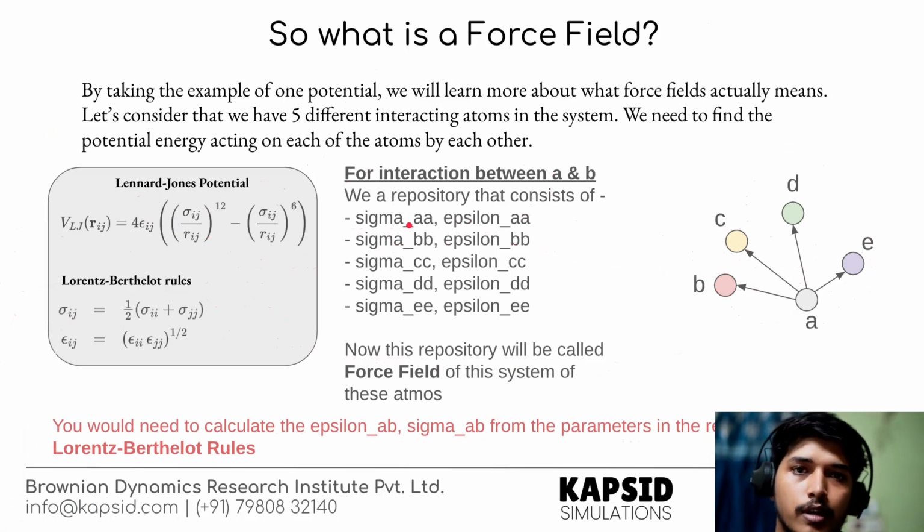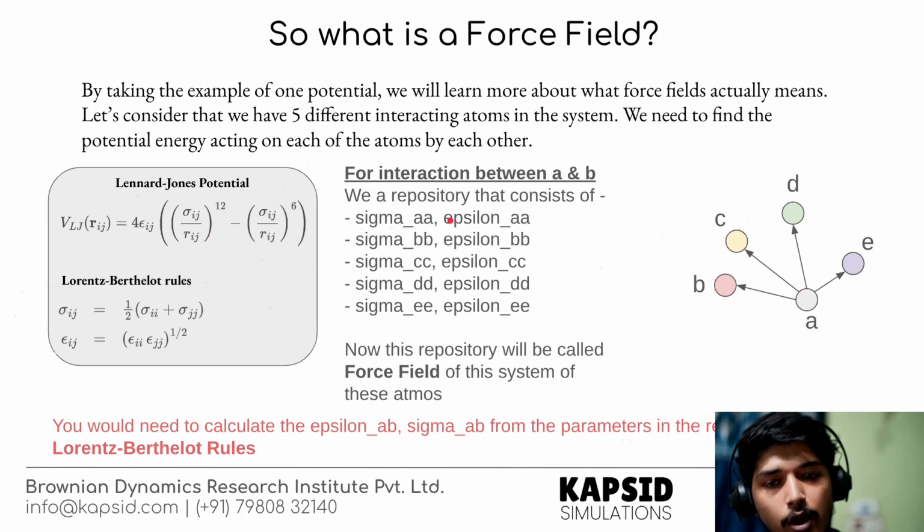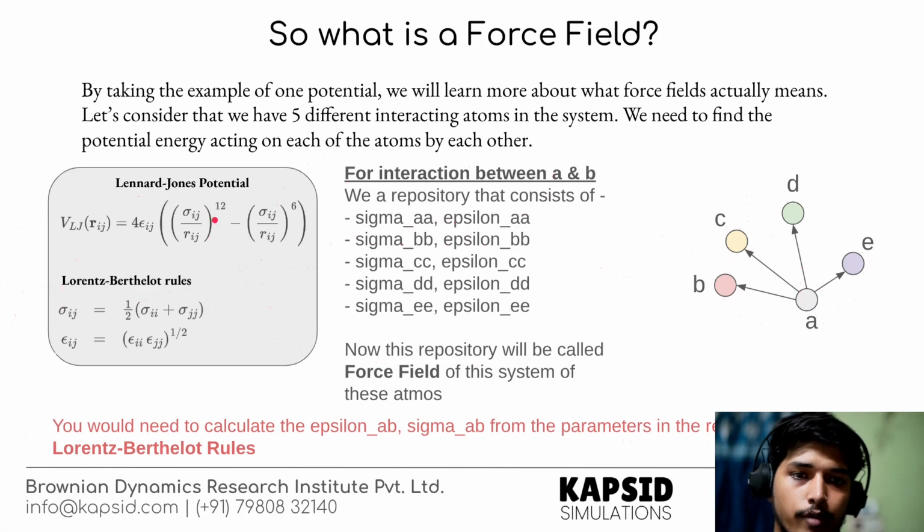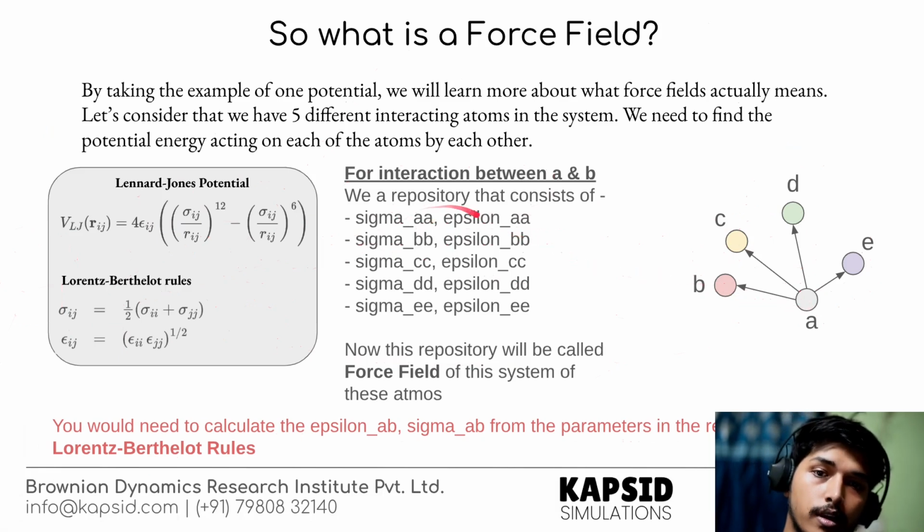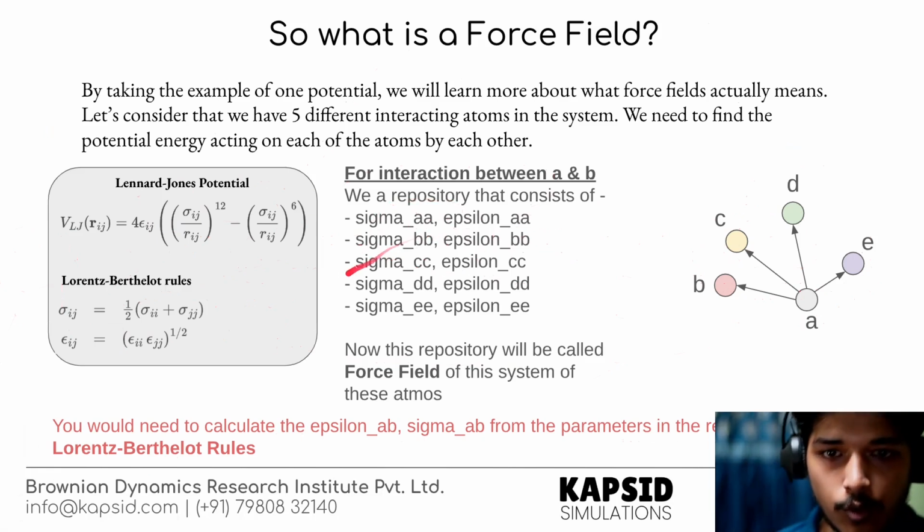Now, in the repository or the force field, you will find the sigma value of A and the epsilon value of A. And you have to find the sigma value of AB, to be honest, of two different kinds of molecules interacting. So if you are looking for this interaction strength, then you need to know the sigma of AB, but that's not in the force field. So how do you calculate that?